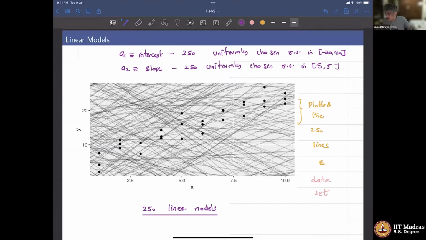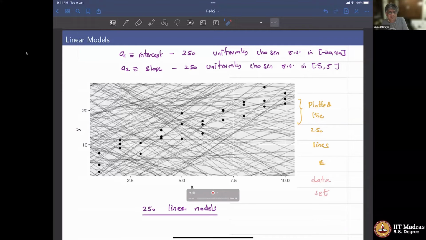Most of them are very bad. Some seem to be good, maybe this line seems to be okay, this line seems to be okay. But there is a data set, so how do you understand which is a good line and which is not? That's one thing you should do.